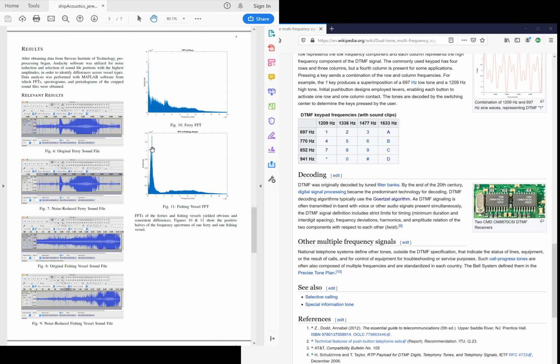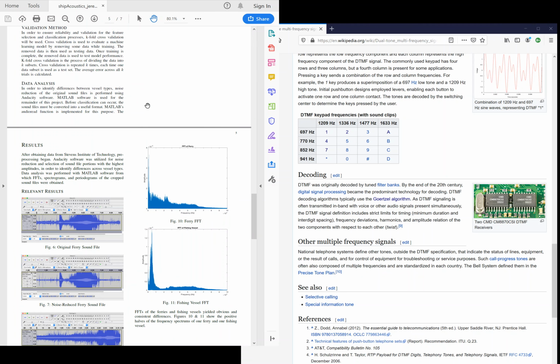And then you see the peaks in the Fourier transform are at different locations. This guy's peak, the fishing boat, has higher frequencies. Its peak is higher in the spectrum, and the ferry has lower frequencies. Its peak is lower in the spectrum.